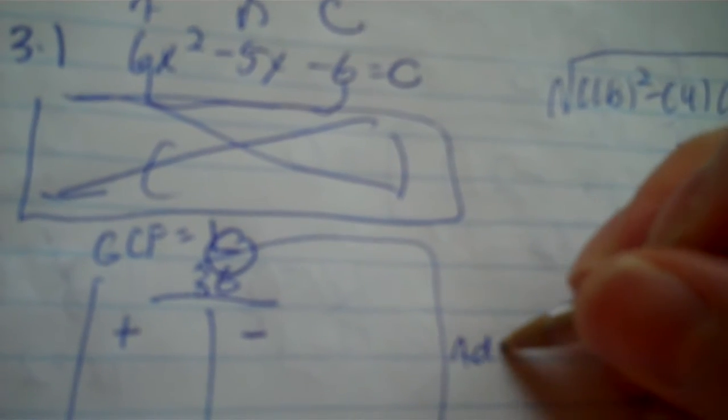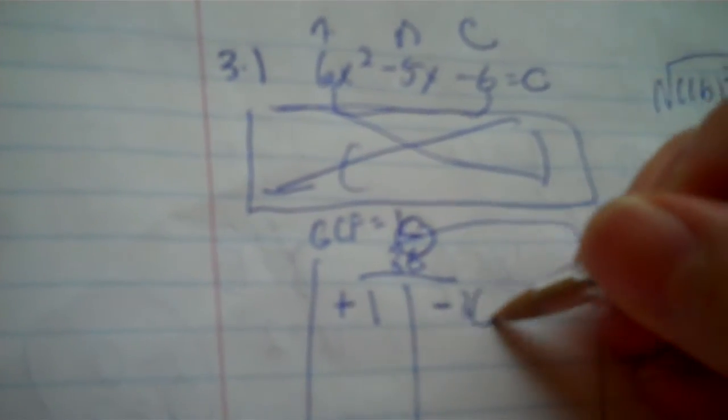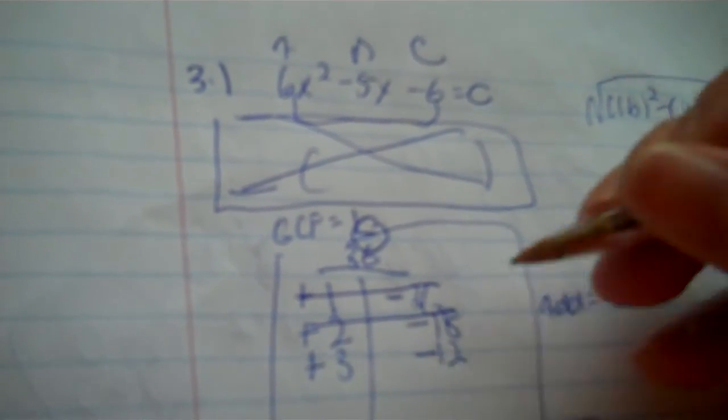And we want to add to try to get to negative 5. So 1 and 36, nope. Divide by 2, you get 18. Nope. 36 divided by 3 is 12. That's negative 9. 36 divided by 4 is 9. Right there, that's your negative 5. And it's the right signs too.